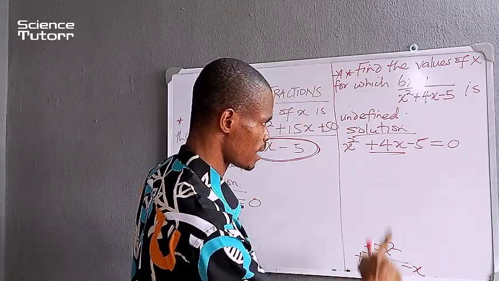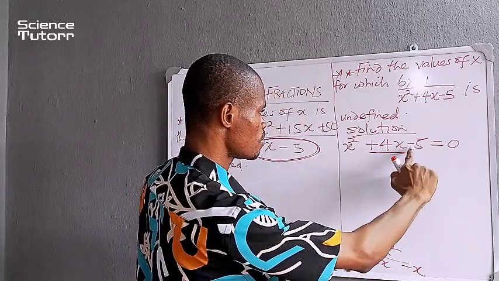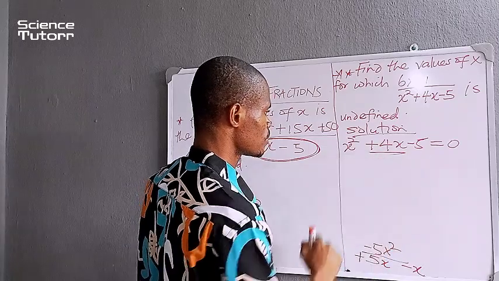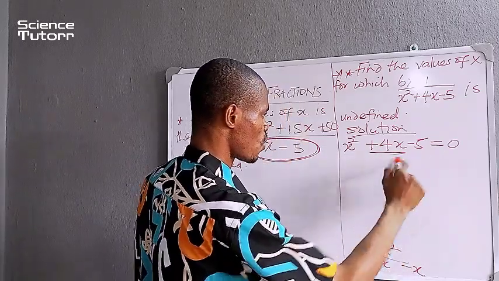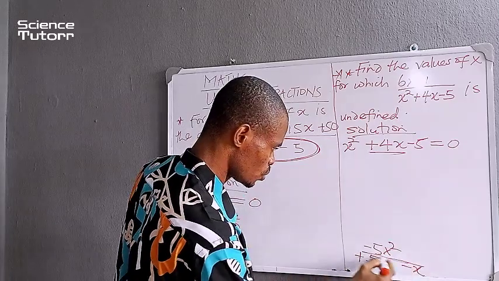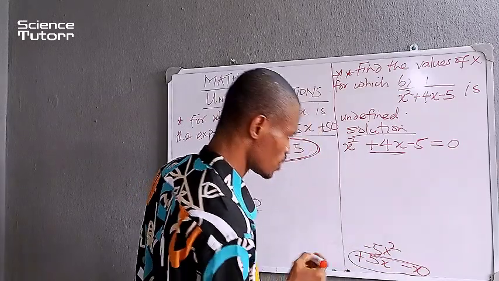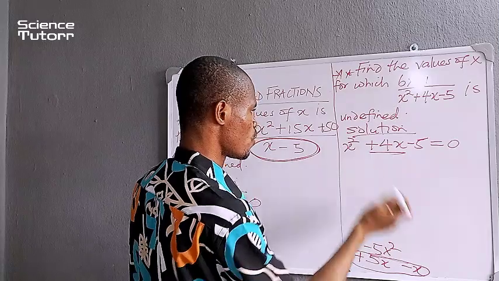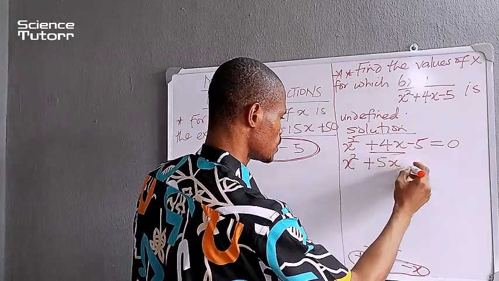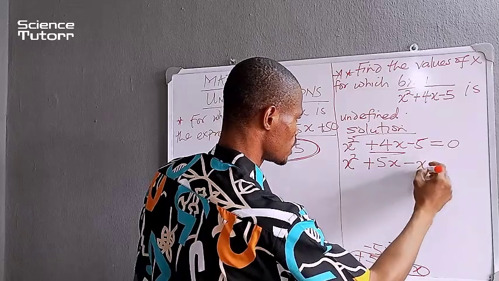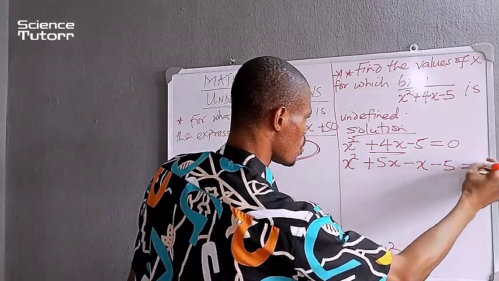Plus 5x times minus x will give me minus 5x squared. Plus 5x minus x will give me plus 4x. So I simply substitute these two terms in place of plus 4x. That gives us x squared plus 5x minus x minus 5 equals 0.